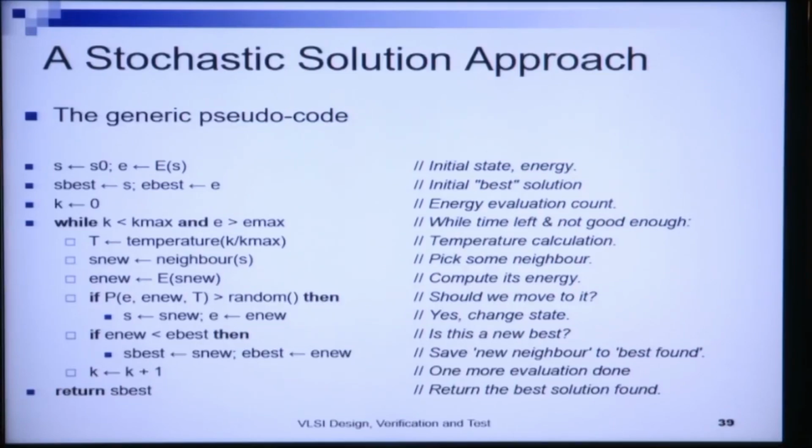If the new solution is better than the best solution that I have, I update the best solution and then I go to the next iteration. In this process I go on taking moves until I come down and freeze onto a good solution, and after some time, as we said, the probability of accepting worse solutions will reduce.